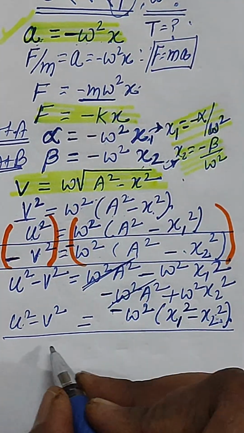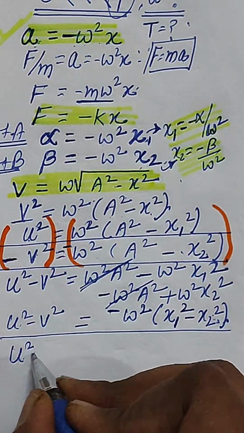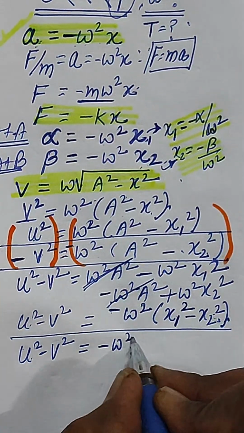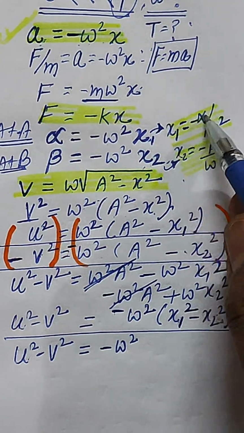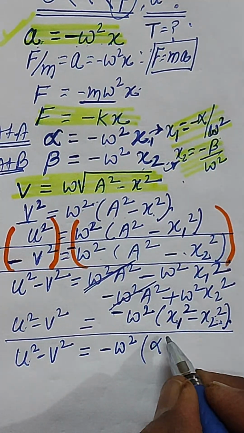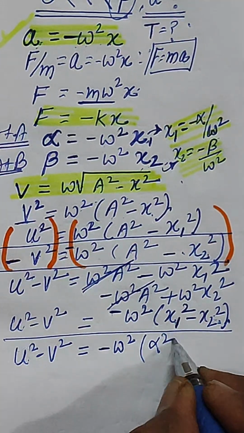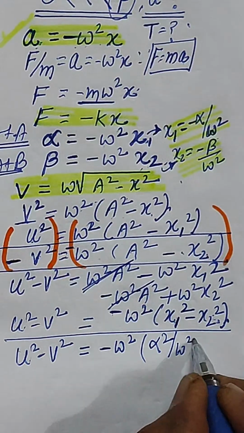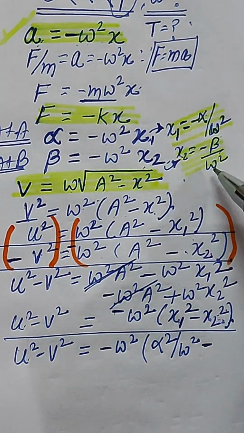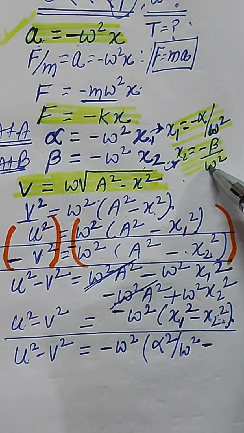Then we can write u square minus v square is equal to minus omega square, in place of x1 square, write alpha square by omega 4, minus, in place of x2 square, write beta square by omega 4.